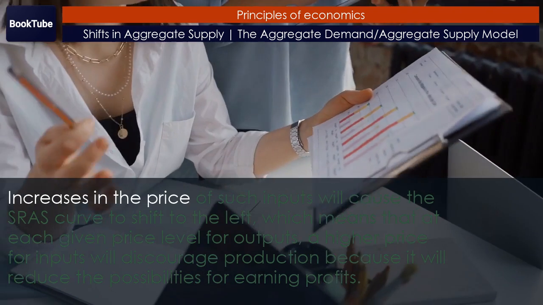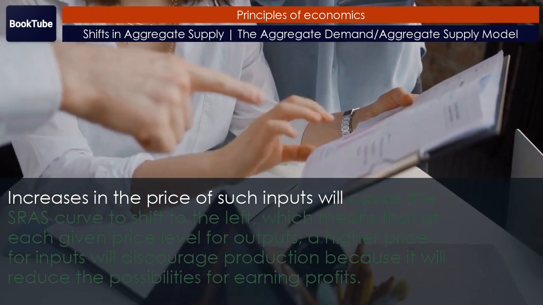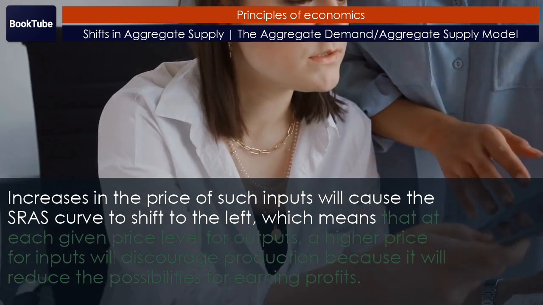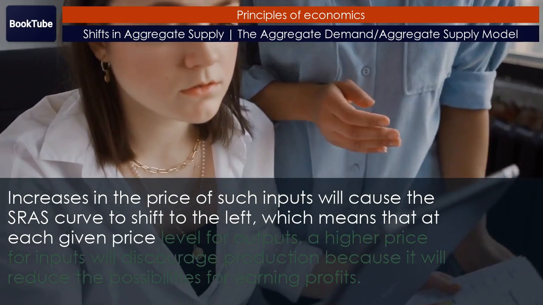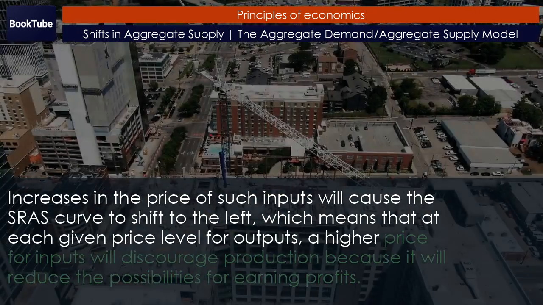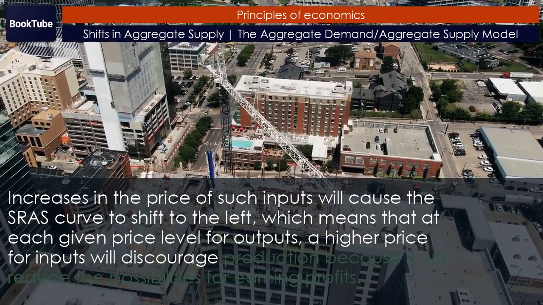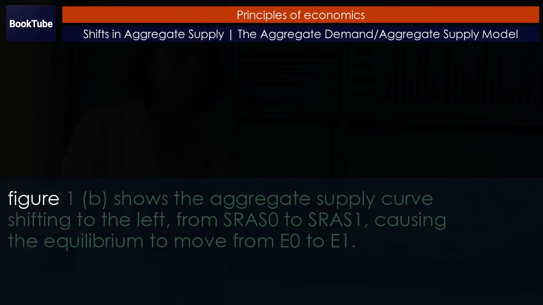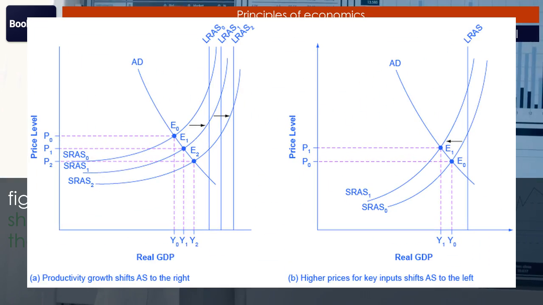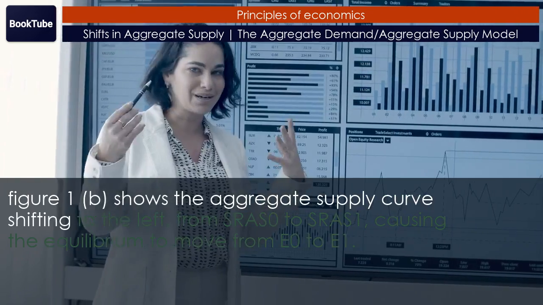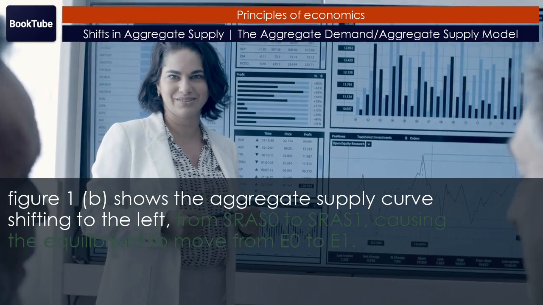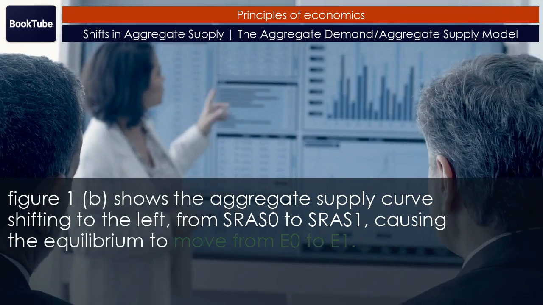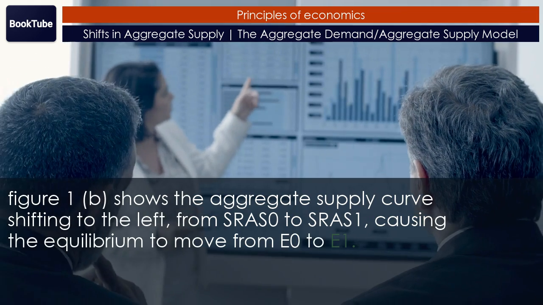Increases in the price of such inputs will cause the SRAS curve to shift to the left, which means that at each given price level for outputs, a higher price for inputs will discourage production because it will reduce the possibilities for earning profits. Figure 1b shows the aggregate supply curve shifting to the left, from SRAS0 to SRAS1, causing the equilibrium to move from E0 to E1.